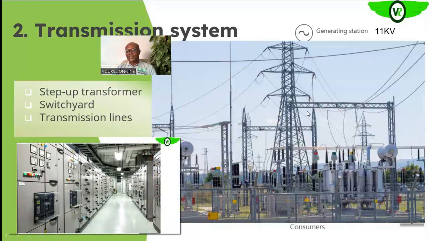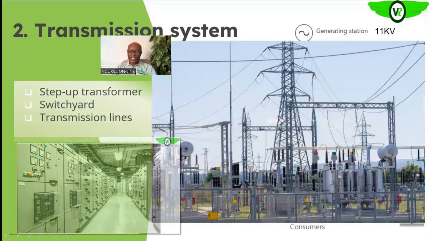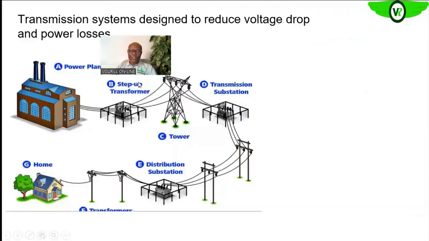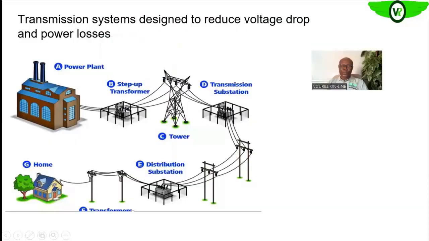So that is where the transmission lines actually terminate. We also have another set of switch yards that will receive this 33 kV and send it into the 33 kV lines, okay?